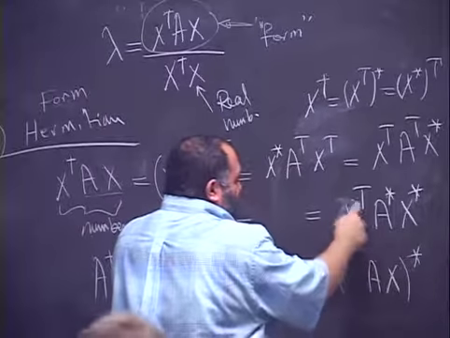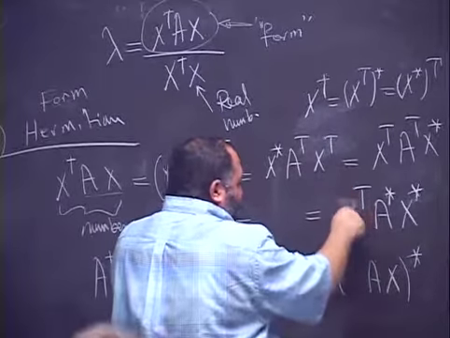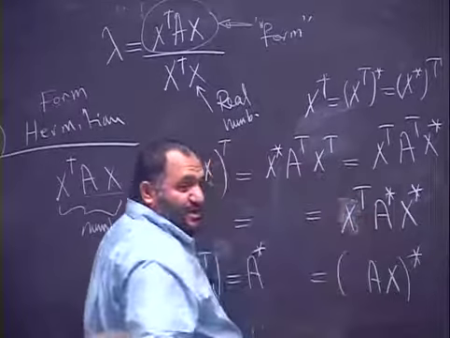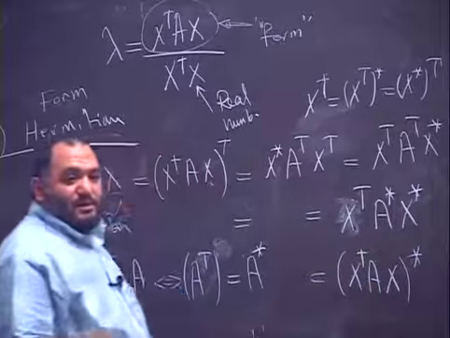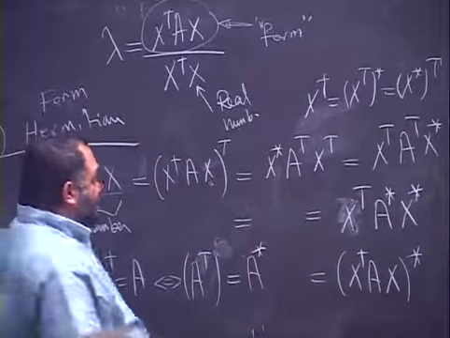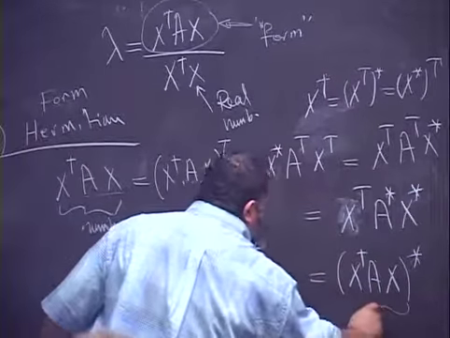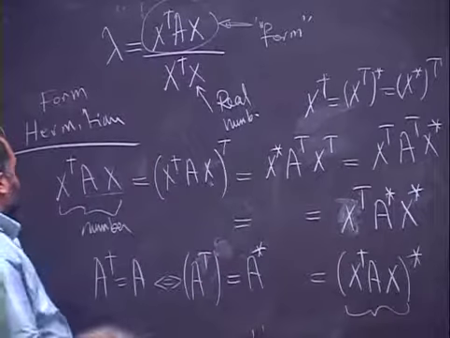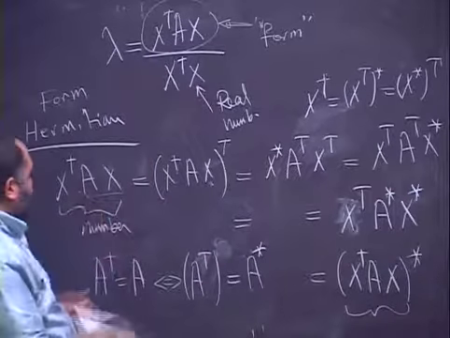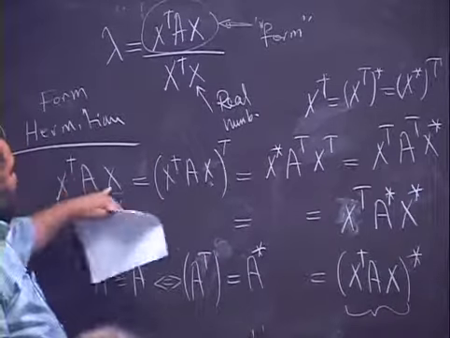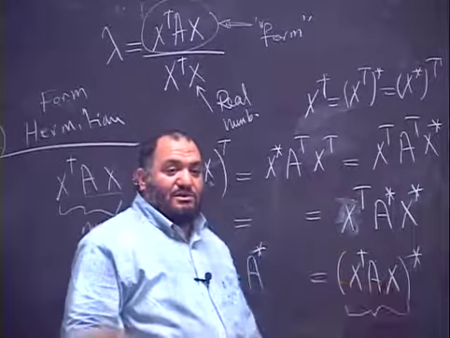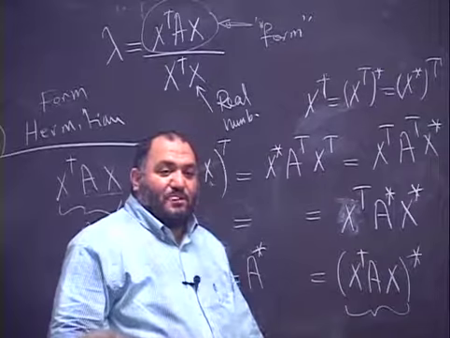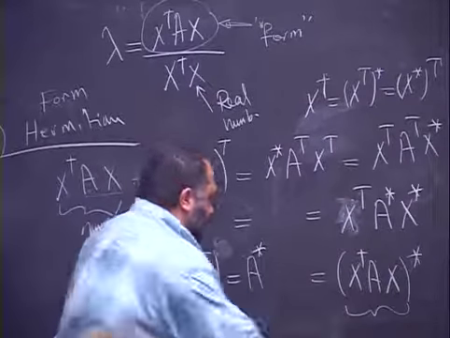If I take the complex conjugate of X transpose, it will give me X dagger. So now, a number equal to its complex conjugate. This is the number, X transpose AX, equal to its complex conjugate. What does it mean? The number should be real.